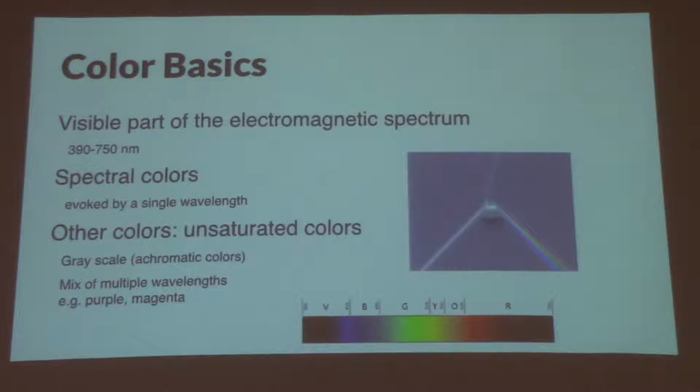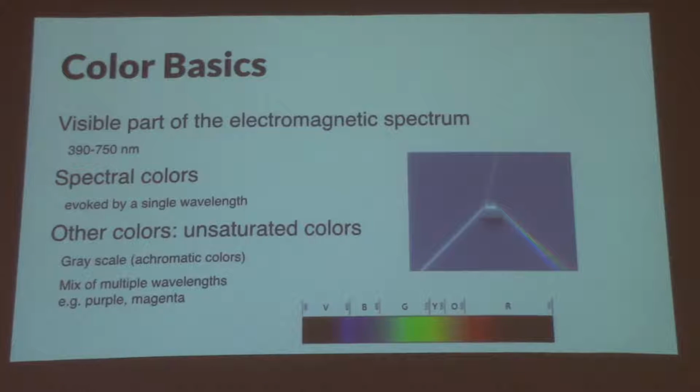Color is the visible part of the electromagnetic spectrum. You essentially have electromagnetic rays in the wavelengths of 390 to 750 nanometers. The spectral colors are evoked by a single wavelength. So we have spectral colors, and we have colors that are combined of multiple wavelengths, so they are kind of unsaturated colors. These could be achromatic colors or mixes of multiple wavelengths.